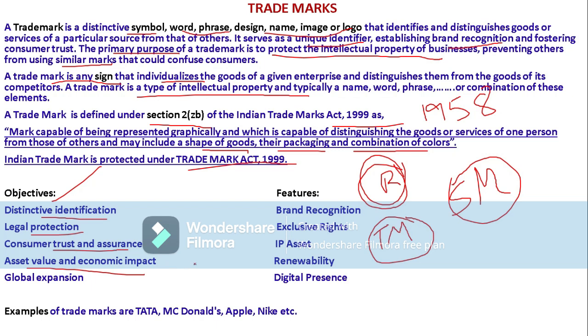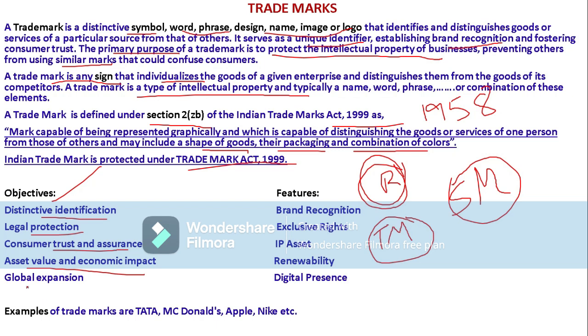Ultimately, at the end of the day, what does it impact? Asset value increases, meaning the economic value of that product is increased. Okay, so this impacts the financial performance and market position, and the overall competitiveness of the product can be seen.